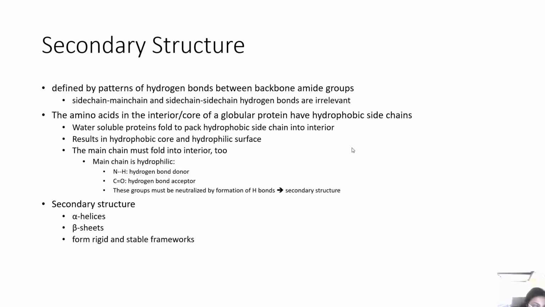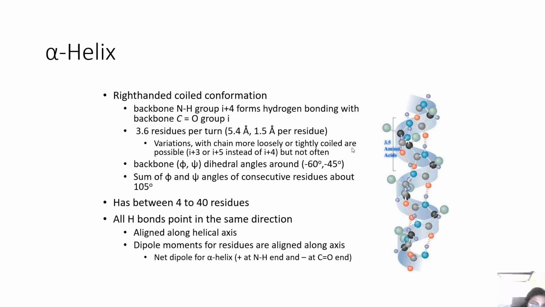Secondary structures, alpha helices and beta sheets, form stable and rigid frameworks. We have talked about the alpha helix, it's a right-handed coil formation. A backbone NH group of i plus 4 forms hydrogen bonding with the backbone C=O group of i. 3.6 residues per turn.